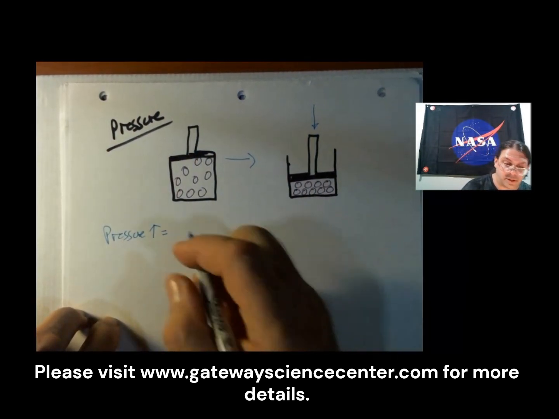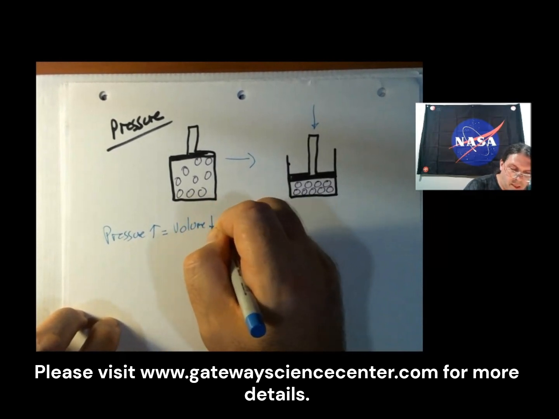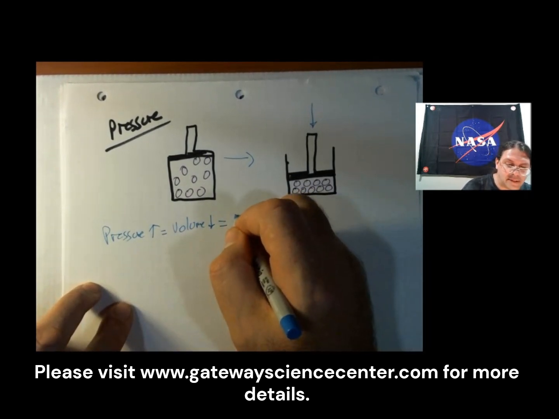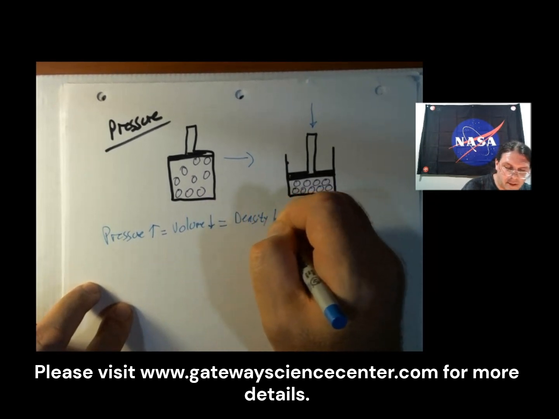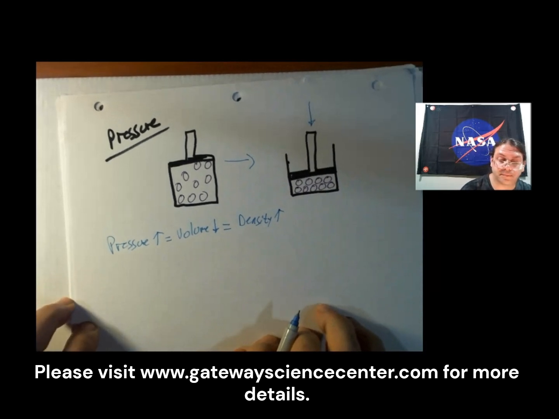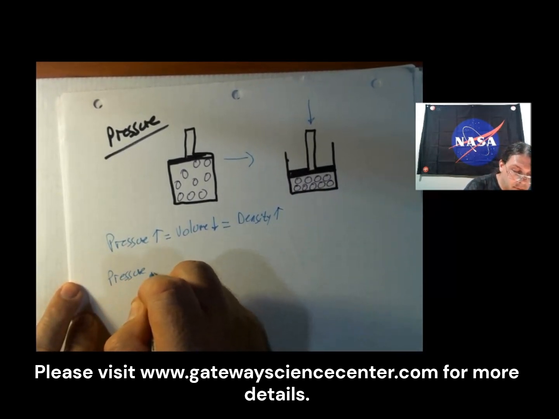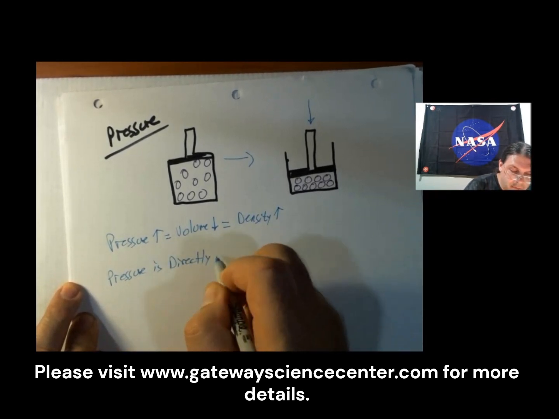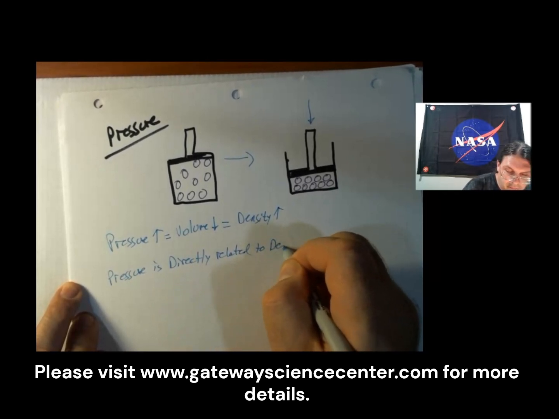It decreases. And when volume decreases, since it's inversely related to density, what happens to density? It must increase. So pressure is directly related to density.